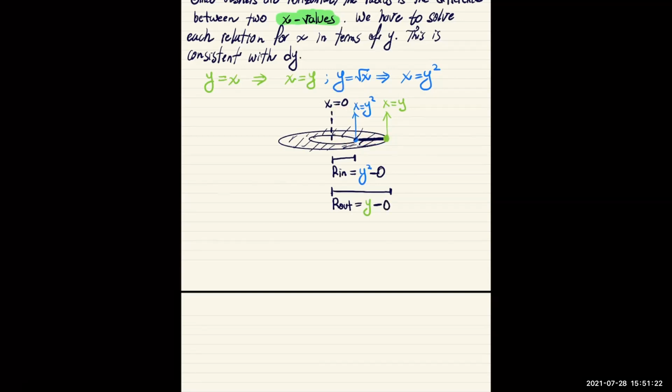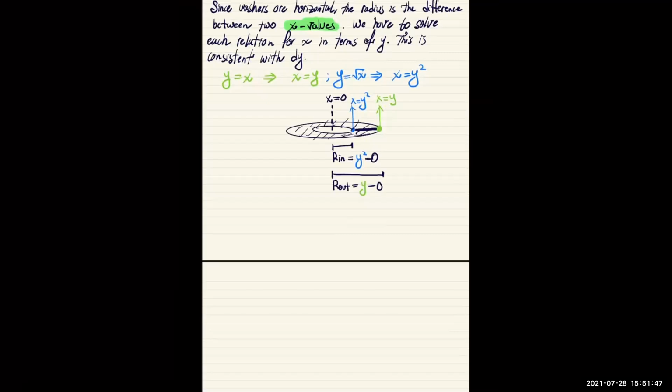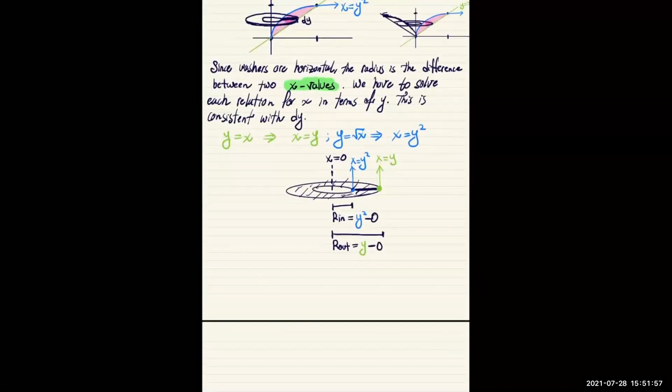So again, if the axis of revolution was somewhere else, like imagine the axis of revolution was at x equal to -1, then you would have done minus -1. This is the center of revolution. Okay, so we have our R out, R in. Now we are ready to set up the integral. So what you do again is you take the volume of the outer solid minus the volume of the inner solid.